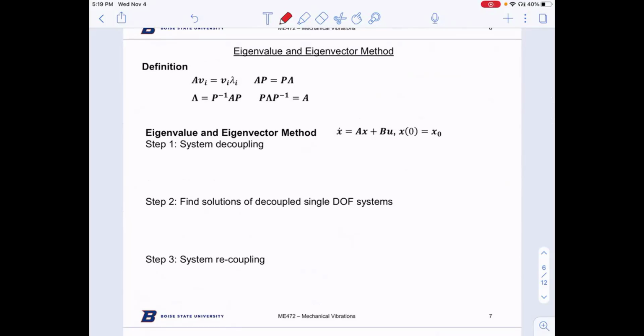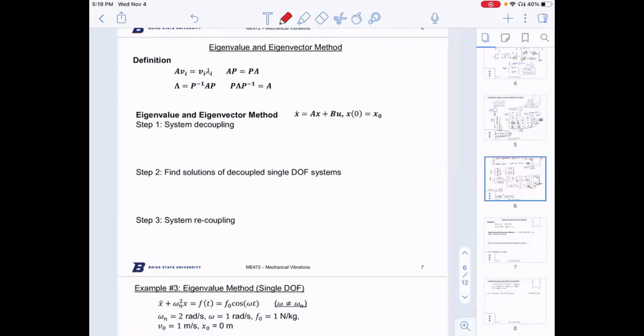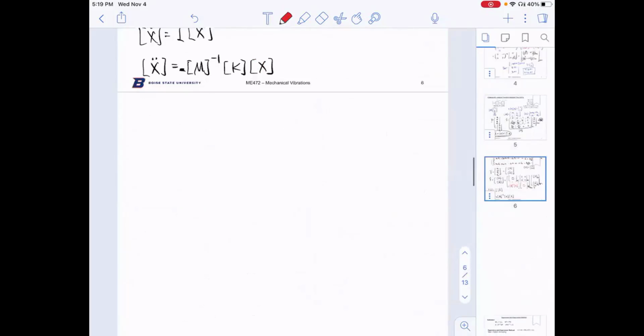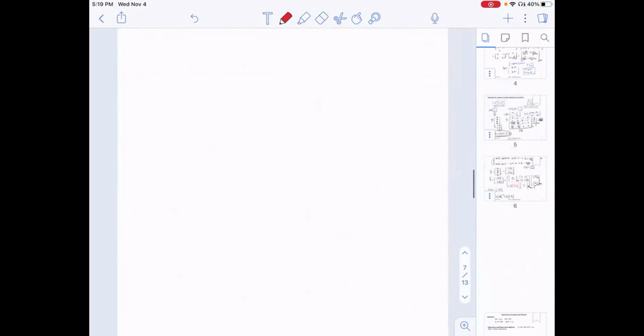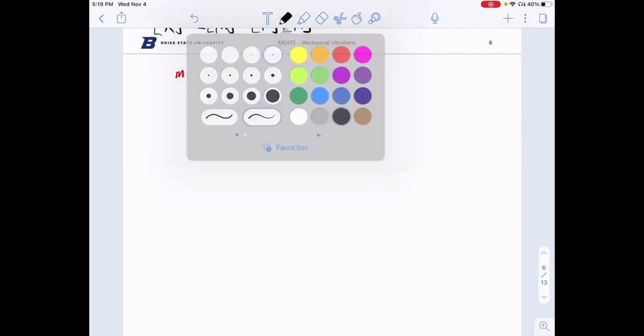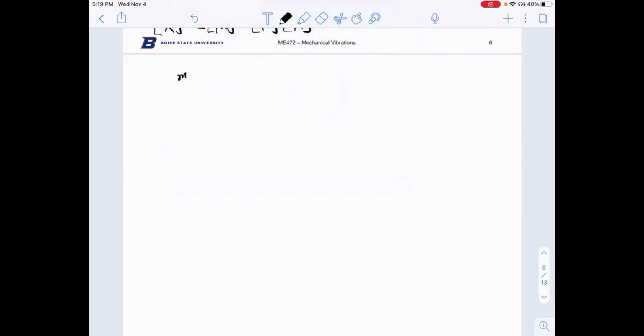So the idea is, the challenge right now is, let me put up a new page. So in previous lectures, we already know how to solve these equations, right? We can easily find the solution for these when your x is just a scalar.